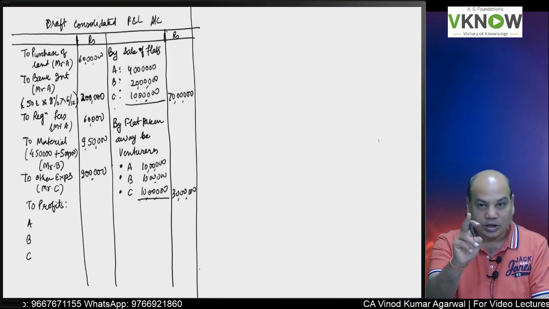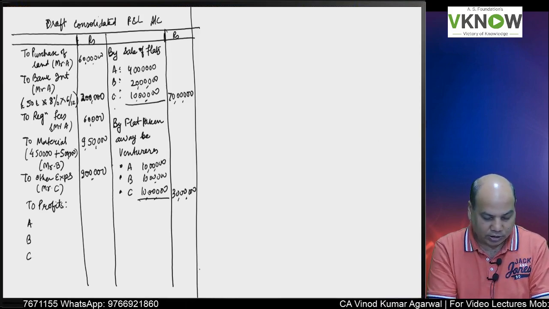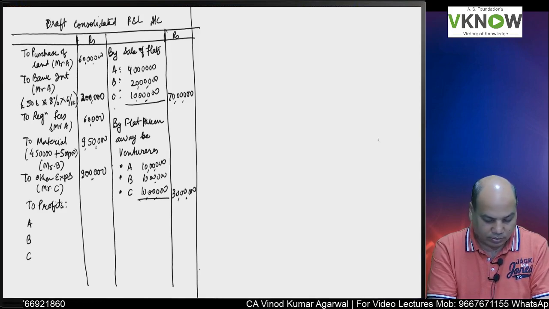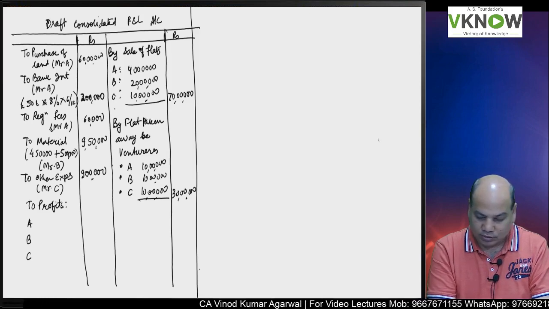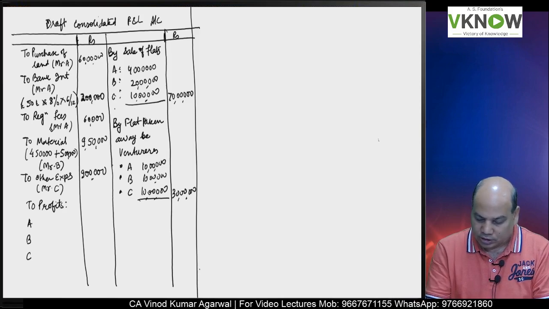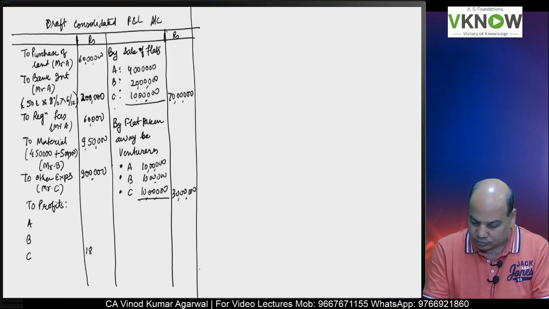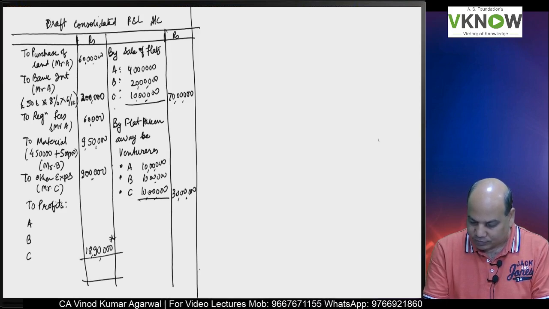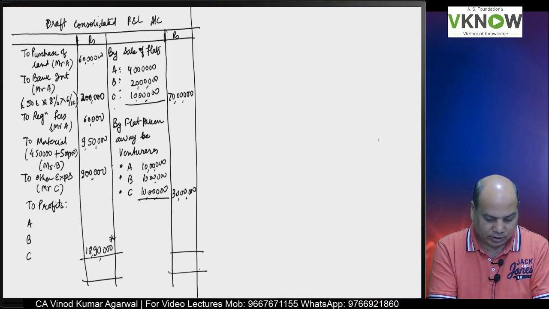So on your calculator, take on the credit side we have 70 lakh plus 30 lakh minus debit side 60 lakh minus 2 lakh minus 60,000 minus 9,50,000 minus 9 lakh, and that is coming to 18 lakh 90,000 profit. 18 lakh 90,000 divided by 3.